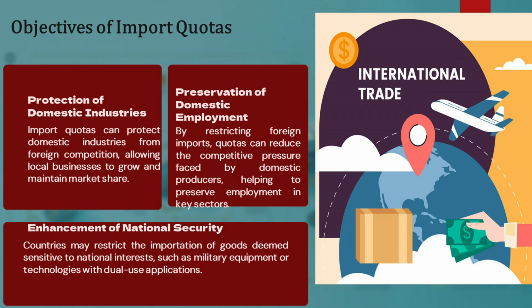Countries have the liberty to restrict the import of goods that are deemed sensitive to national interests, such as military equipment, technologies with dual-use applications, those that can be used for both civilian and military purposes, or critical raw materials.